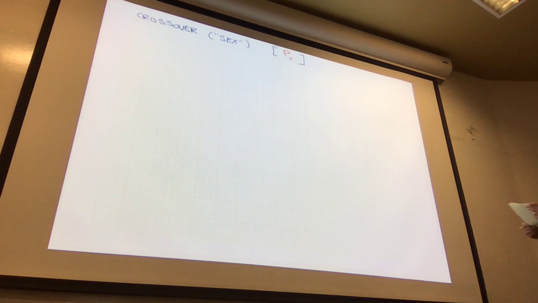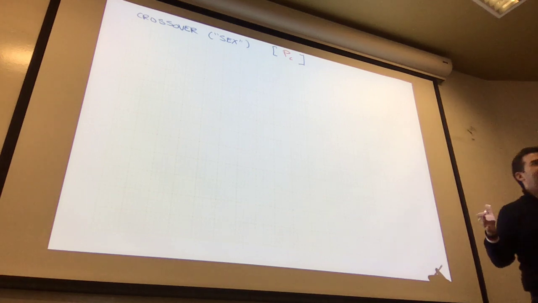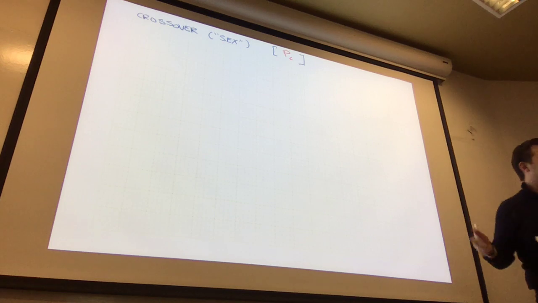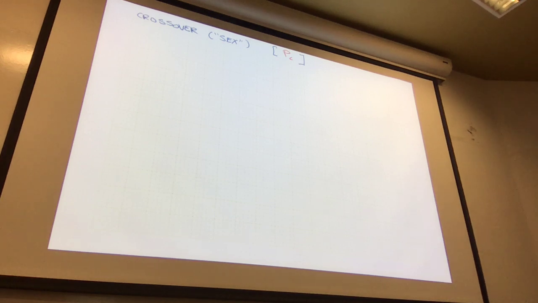Basically what we're going to do is take random pairs. We'll choose a pair of our parents, and we just draw them randomly, uniformly.